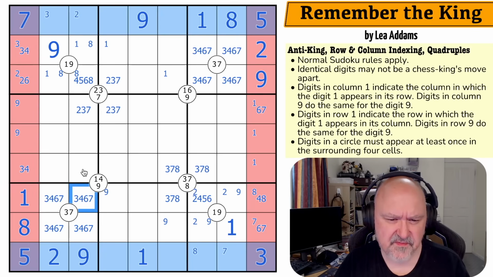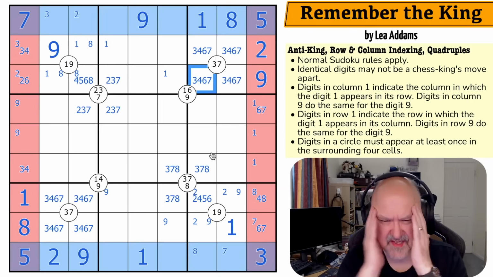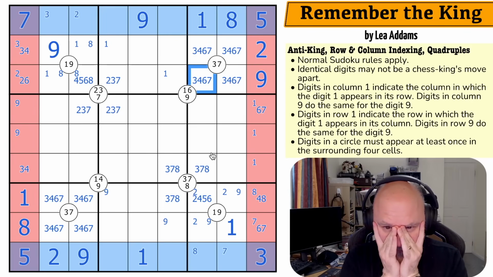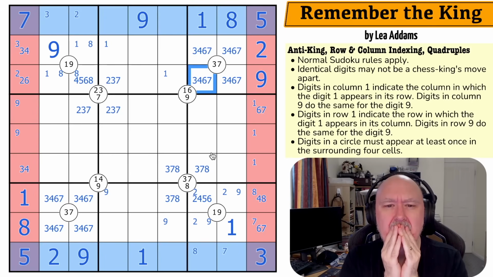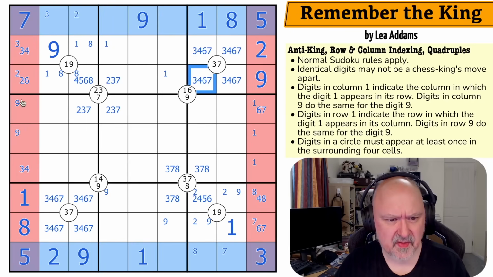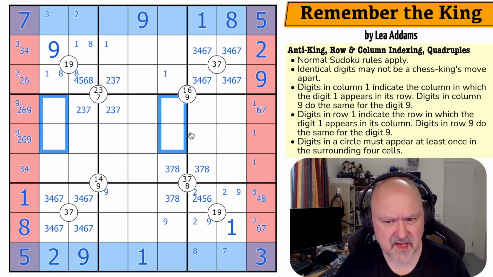If that's a 4, that could be a 4. So that could be a 6. But it does mean that these are 2, 6, 9. So 9, and they can't be, so 1 is here, here, or here.